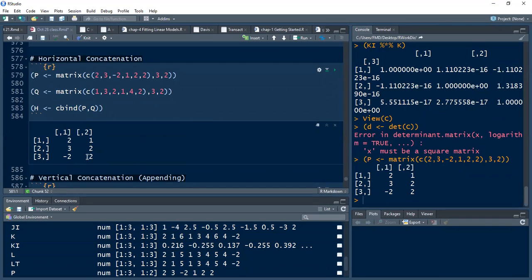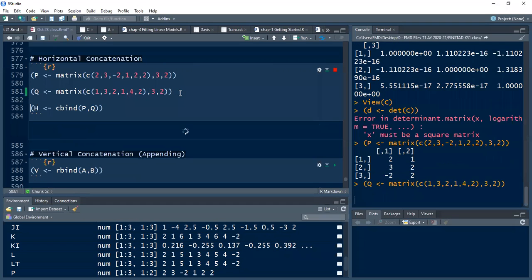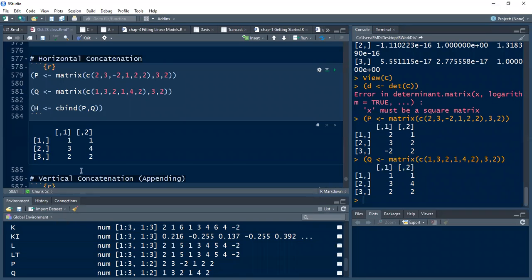Okay. All right, suppose I want to add another column here. So we have here matrix Q, which is also a 3 by 2 matrix, 1, 3, 2, 1, 4, 2. So let me run this. Okay, 1, 3, 2, 1, 4, 2. Okay, now let's create another matrix.